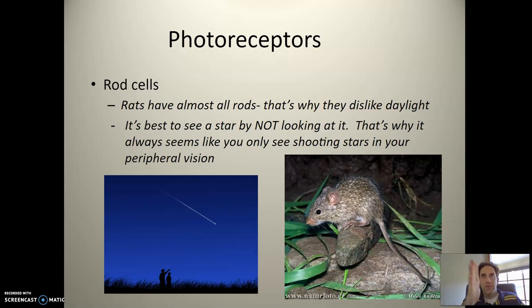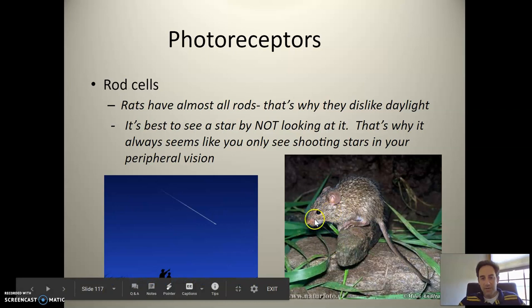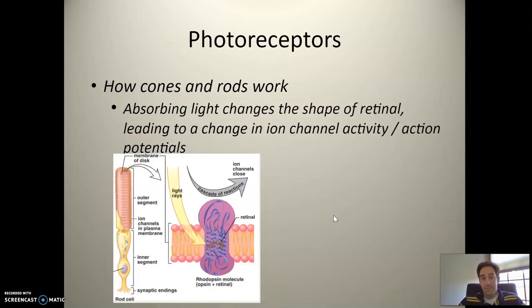If you shift your gaze from that star, then you're using your peripheral vision to see it, and the peripheral vision has rods, which are more sensitive to dim light, and you can actually see a star better by not looking directly at it. And so shooting stars oftentimes appear in our peripheral vision because they're very faint, and you wouldn't be able to see them if you were looking right at them because the cones couldn't detect that faint light. Rats, by the way, have almost all rods, which is why they like to be out at night.